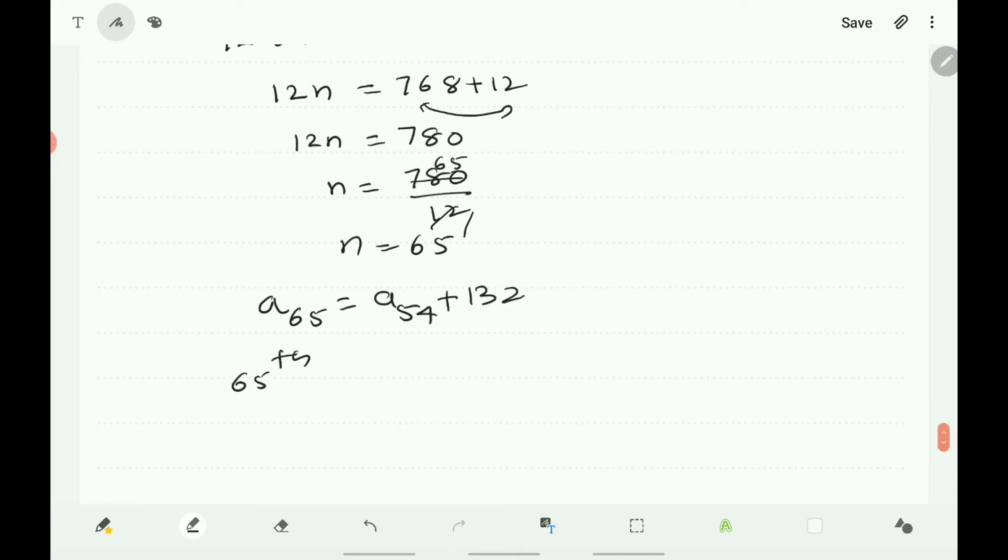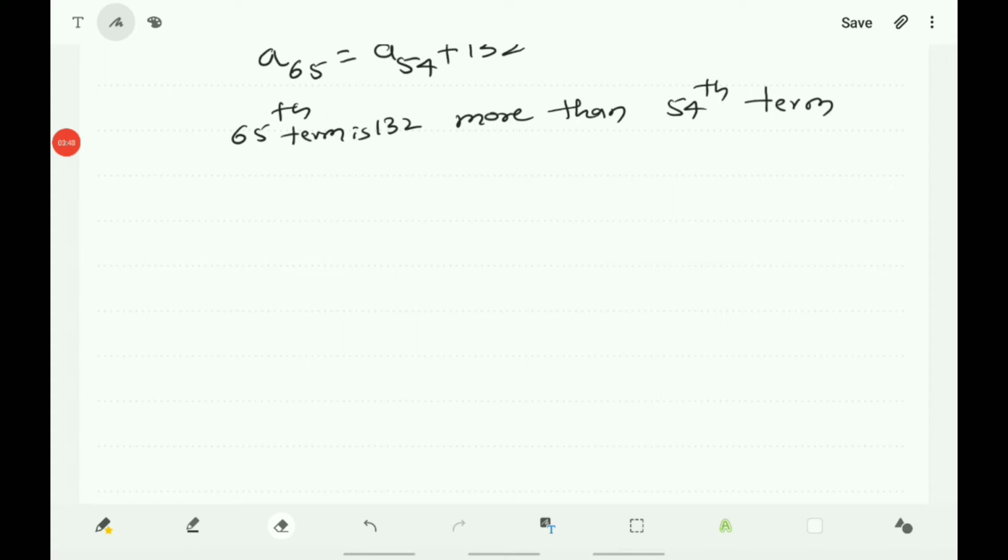The 65th term is 132 more than the 54th term.